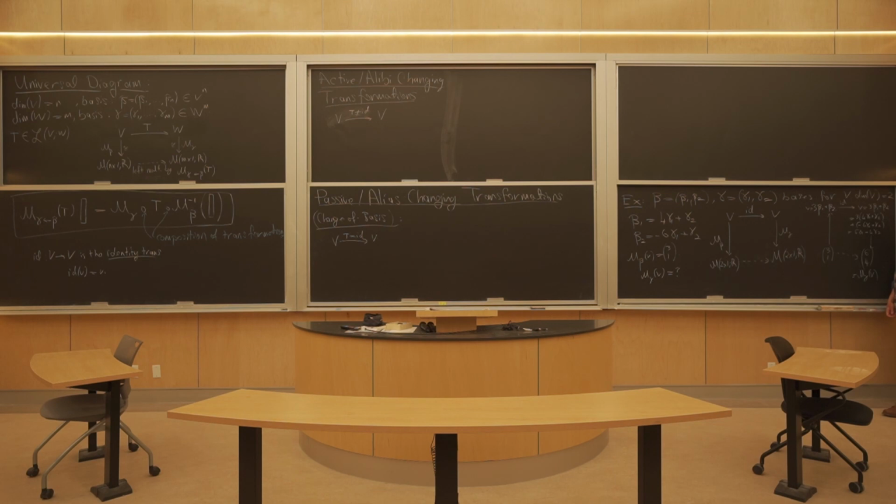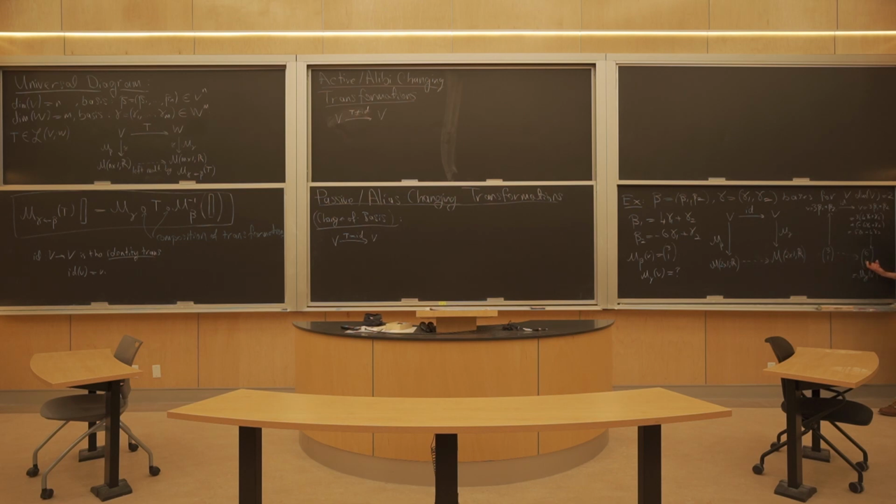I started here, went up here. Identity transformation doesn't do anything. Rewrite everything in terms of gamma 1 and gamma 2. Use your new coordinate chart. That gives you the new representation. Same vector, different matrices. So only the alias changed, as you see.